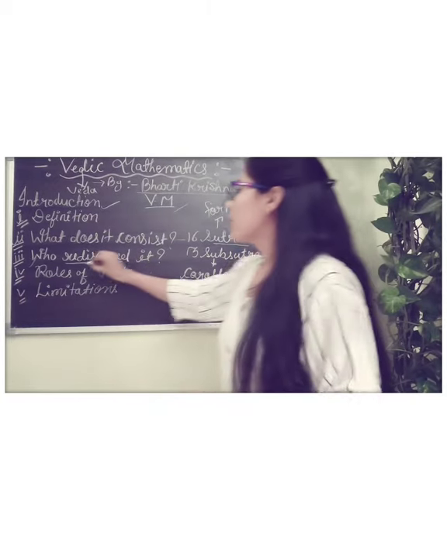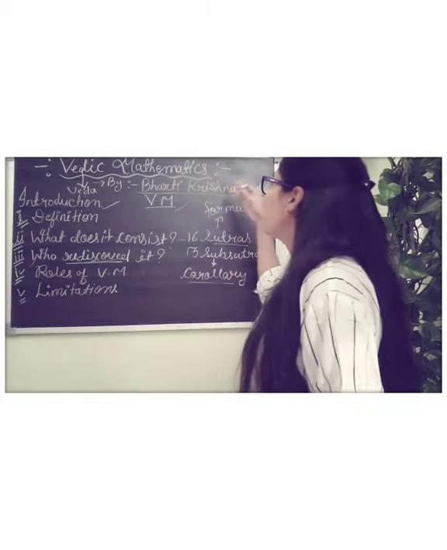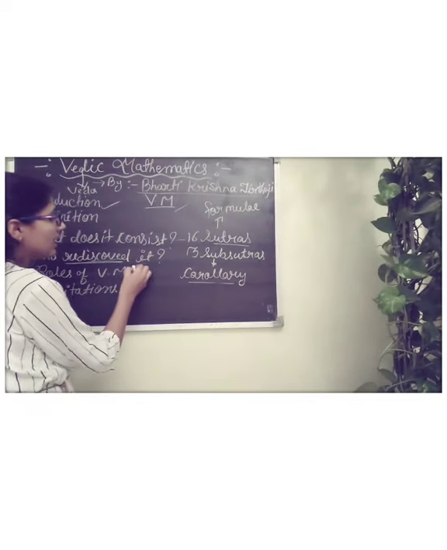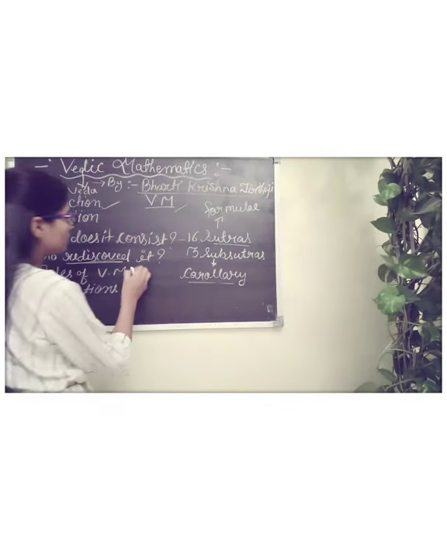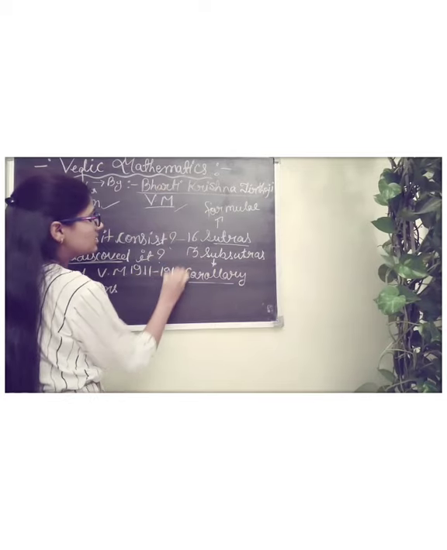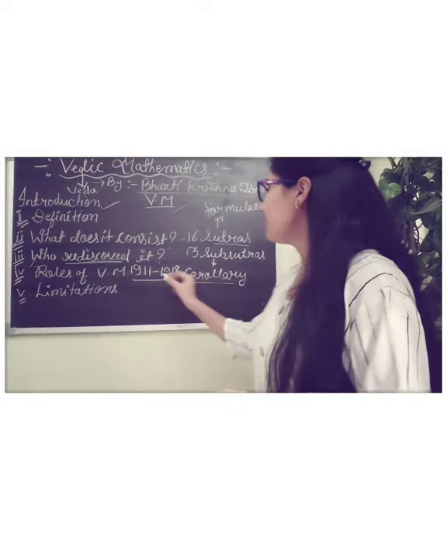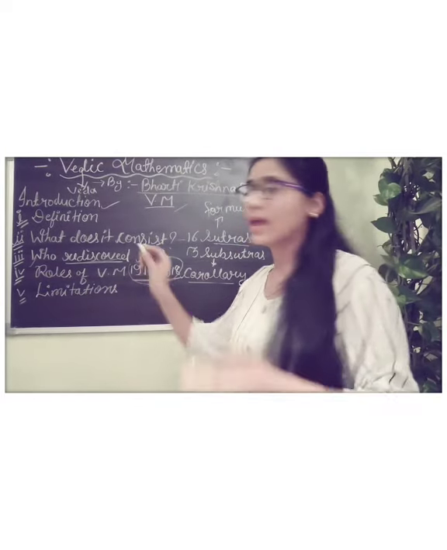That's why I have used the word rediscovered. Bharati Krishna Tirthaji rediscovered this in the 20th century, in the era of 1911 to 1918. So he completed the book in this era.